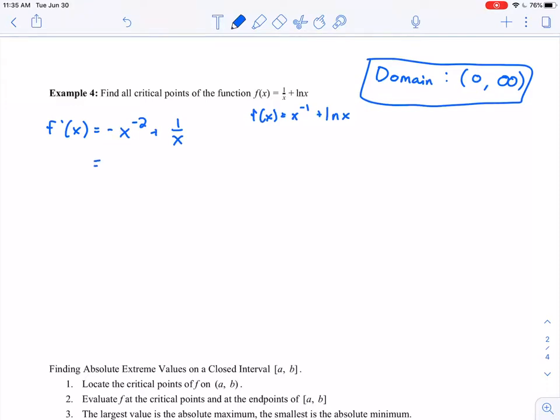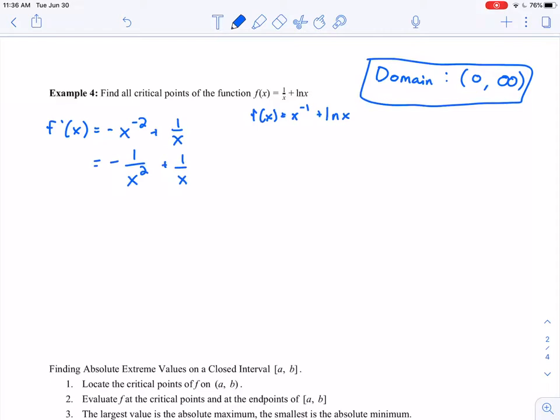And I'm going to rewrite it. You could leave this with a negative exponent if you wanted, but we're going to be doing a lot of algebra here with the first derivative, and I just don't think we have as much experience working with negative exponents. It's easier to make a mistake there. So I strongly encourage you to rewrite that as -1 over x squared plus 1 over x.